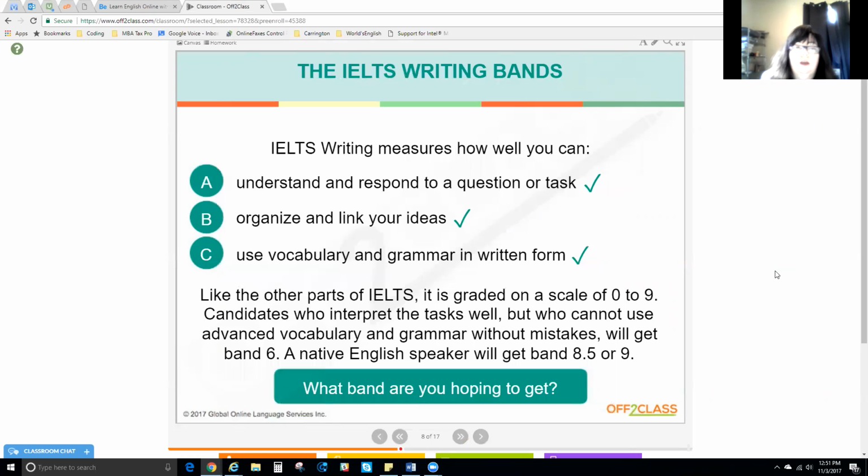So it's recommended that you have at least an upper intermediate language ability prior to taking the exam, because you won't be able to succeed in this area, potentially in these areas as well, if you don't have that level of ability.